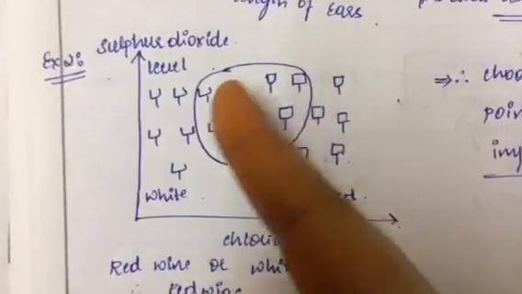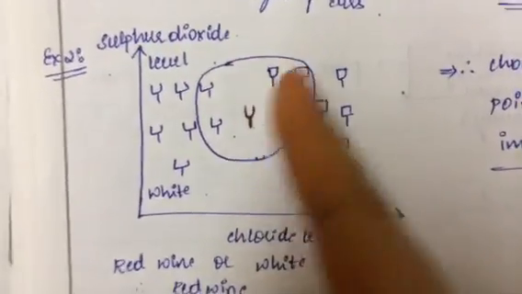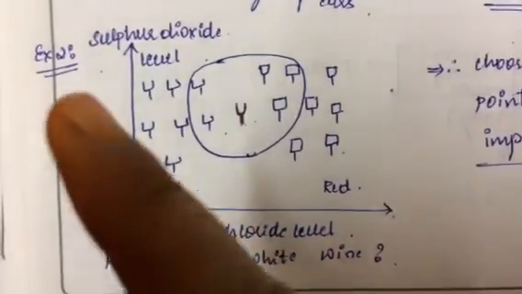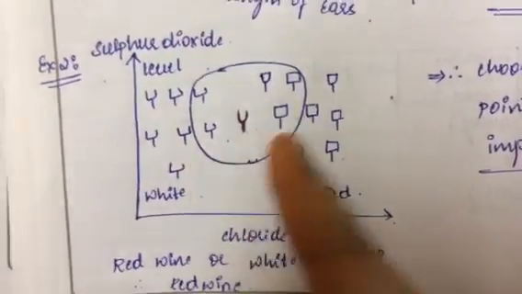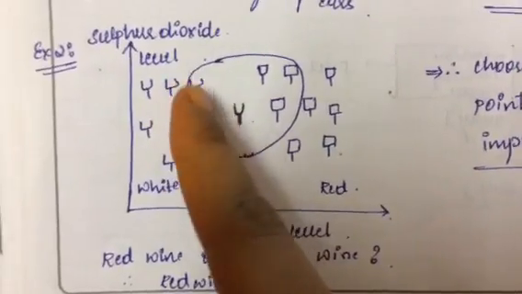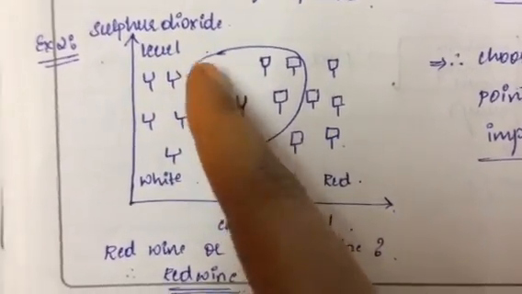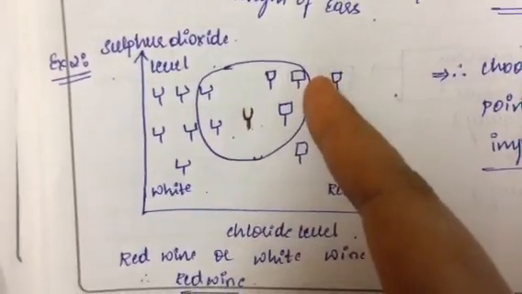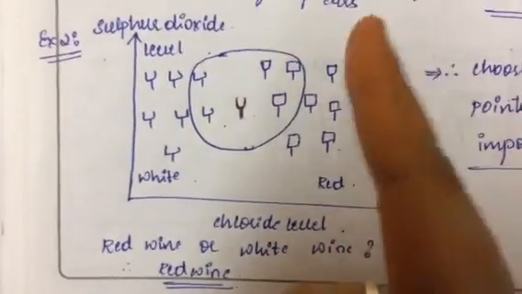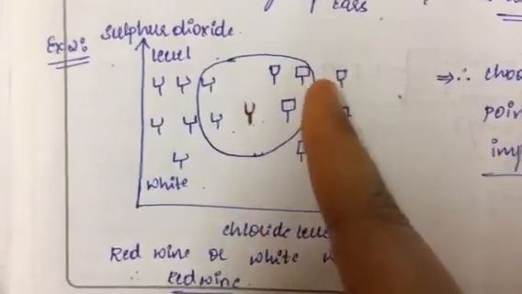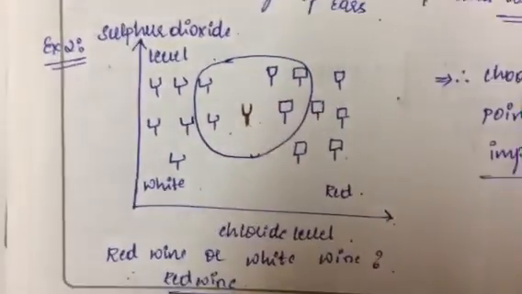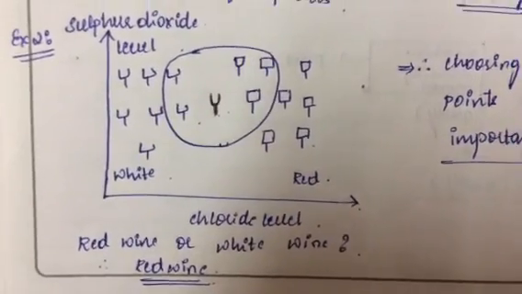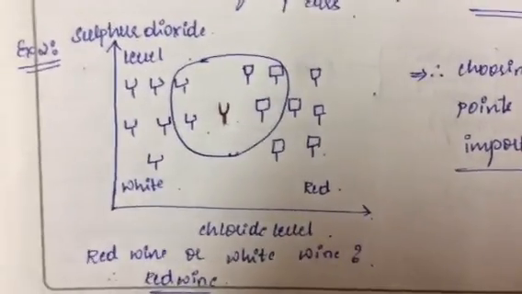So I have chosen the 5 nearby data points, nearby based upon the Euclidean distance I have calculated. Here I can see that 2 belong to white wine and 3 belong to this shape. So I have classified my query point as belonging to red wine. Irrespective of whether it is correct or wrong, this KNN is going to work.